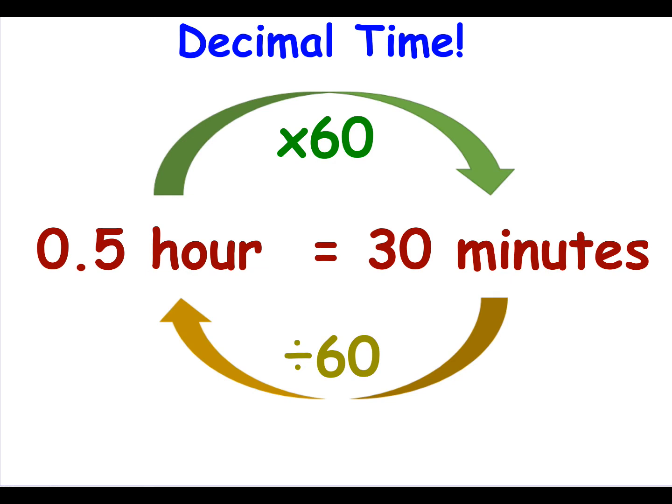So the rule for decimal time, when you're talking in hours and minutes, and in minutes and seconds, is that if you want to come out of decimal time back to the smaller units, you multiply by 60. If you want to put something into decimal time, into the bigger units, then you divide by 60. So 30 minutes divided by 60 gives you 0.5 of an hour.